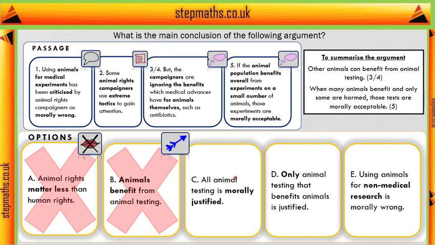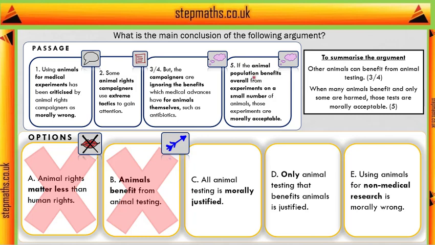C says all animal testing is morally justified. So this seems plausible because, as we said, the writer's disagreeing with people who say it's morally wrong. And they're giving a reason why it might be morally justified, which is that it might benefit all other animals. But the trouble is this word all.